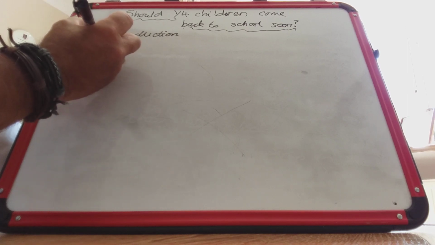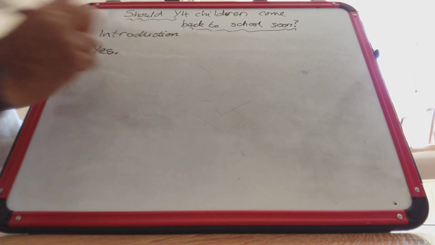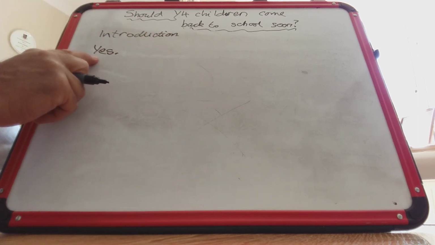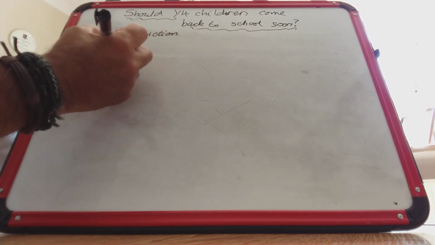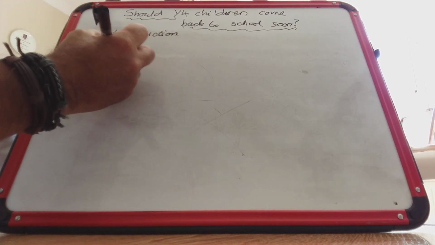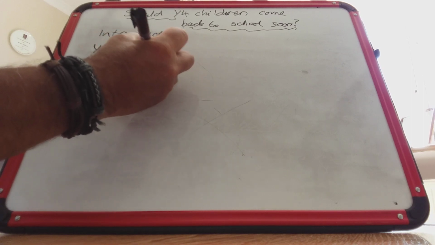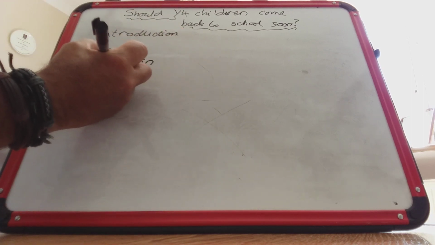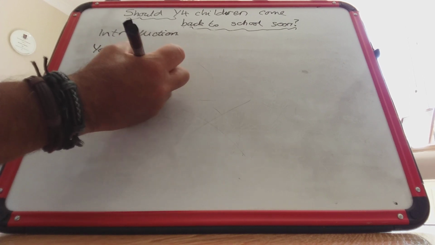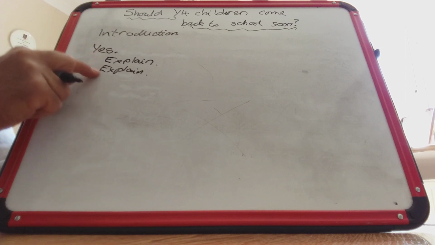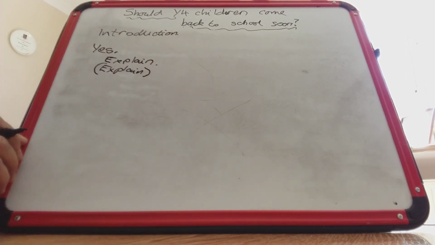Then you have to write a sentence which basically says yes to the question, okay? And then after that sentence you have to explain, and after you explain, then you may have to explain again. Okay, so the second explain, I'll put it in brackets because you might not need to explain it again.